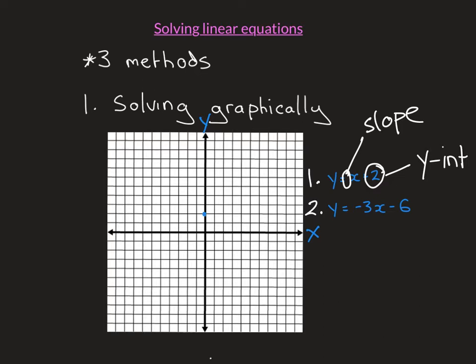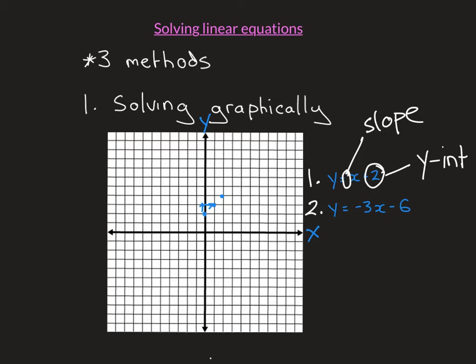Now our slope is 1, which means that we're going up 1 and across 1 square for each point on the line. So we go up 1 and across 1, and our second point is here. We do that again, up 1 and across 1, and our third point will be here. So what we can do then is draw a nice straight line in between all of these 3 points.